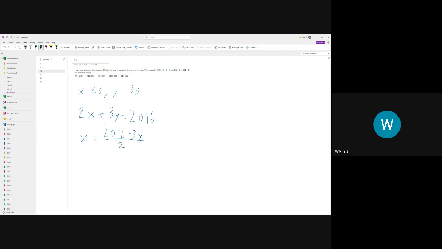So we want this numerator to be a positive even number. It's going to be positive if y is less than or equal to 2016 over 3, which is equal to 672. And it's going to be even if 3y is even, or y is even.